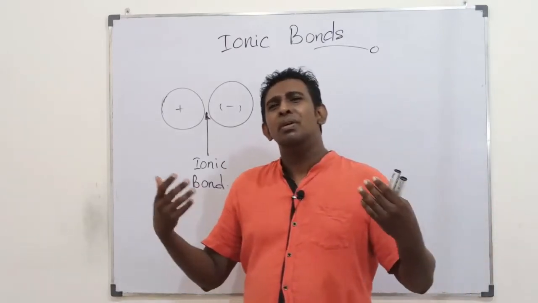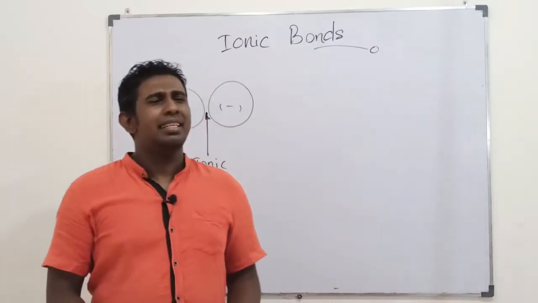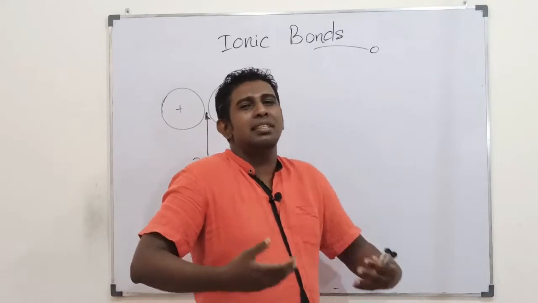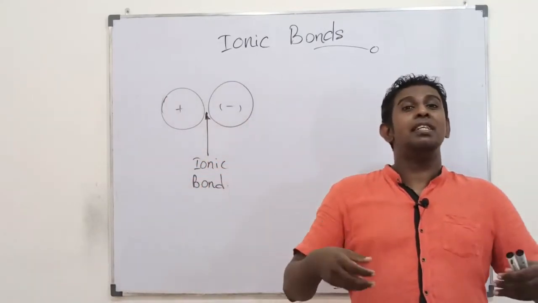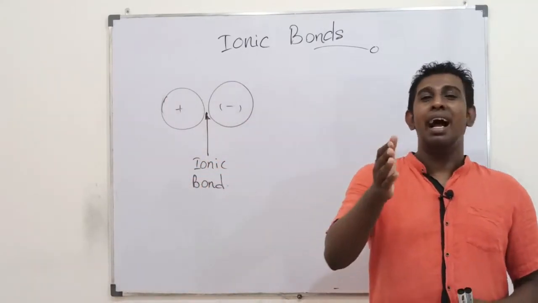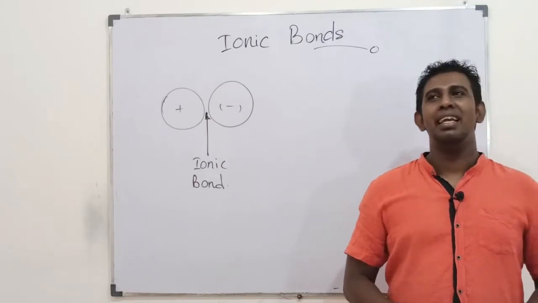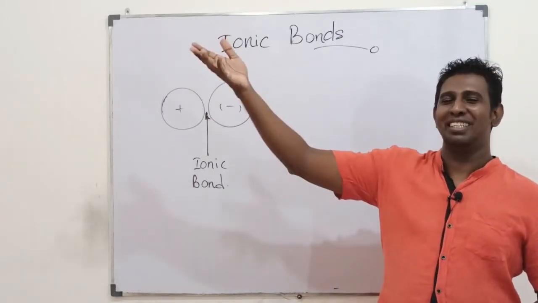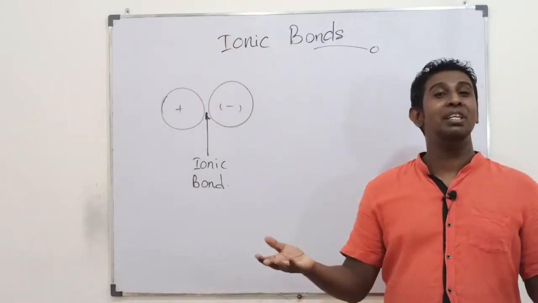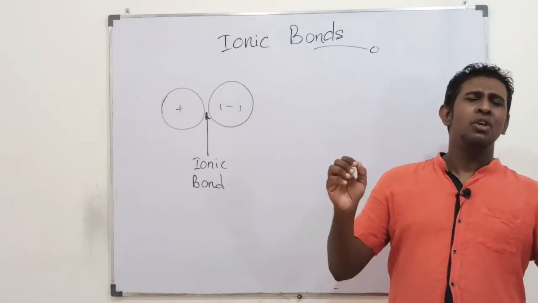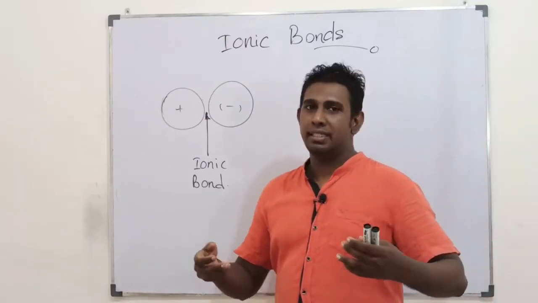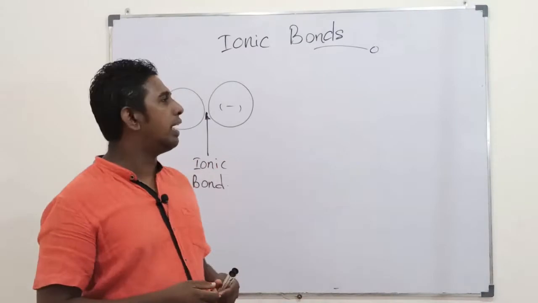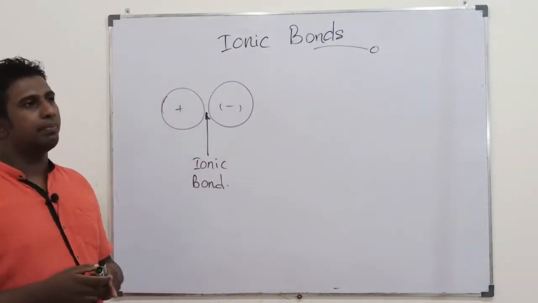Most people get this compound as the very first example of an ionic compound. It's quite like the national ionic compound. If it is an ionic compound, it's sodium chloride. Anyway, let's take the same. It's sodium chloride I'm now going to talk about.